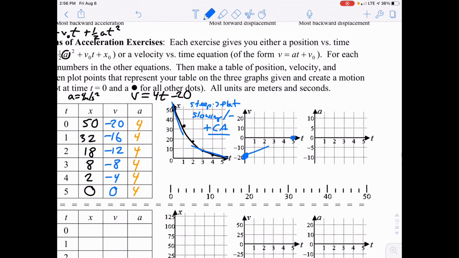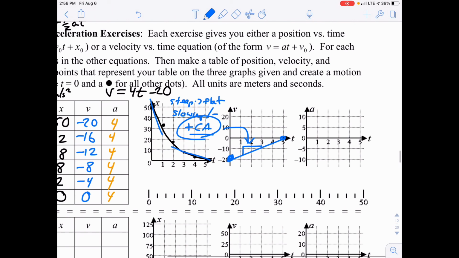And so we end up with a linear situation, just like this, where the positive constant acceleration here is that slope. The slope of a velocity graph is the acceleration. So that slope is the positive constant acceleration we're dealing with. Okay, and then how do I plot the actual acceleration of 4? It's going to be a constant value of 4 right across all the way.